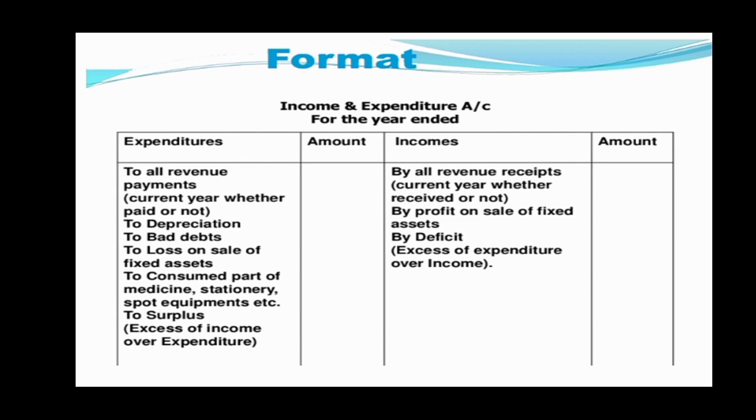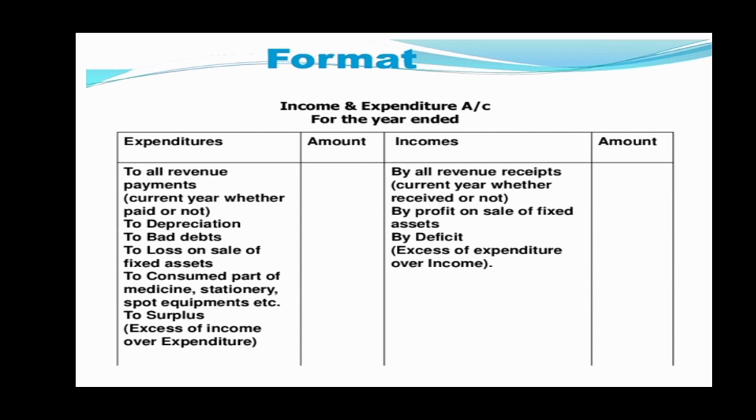So all revenue payments of the current year, very important, only expenses of the current year of revenue nature, like to depreciation, to bad debts, to loss on sale of fixed assets, to consumable items like medicine, stationery, sports equipment, and the difference to surplus, like net profit, but we write here to surplus.